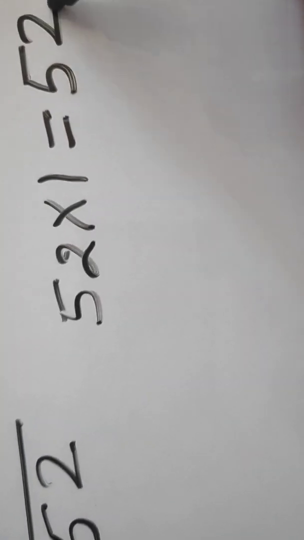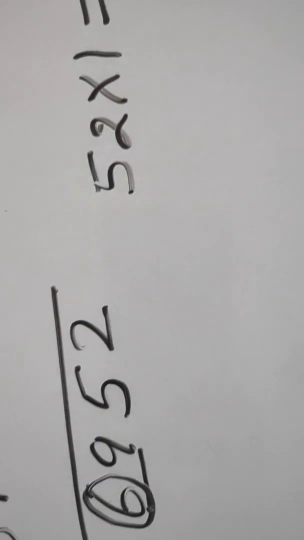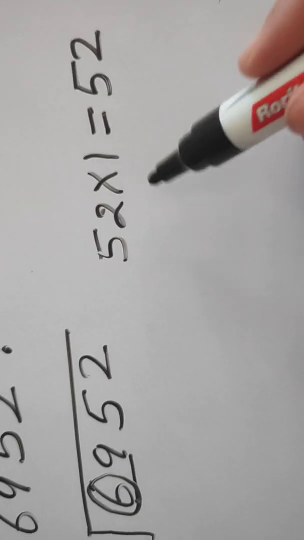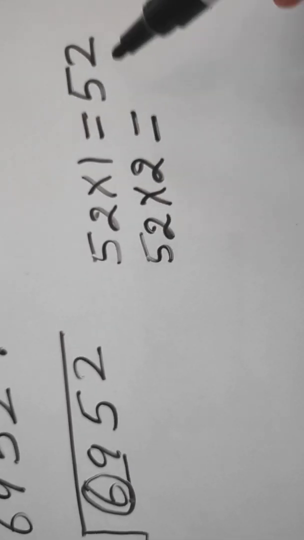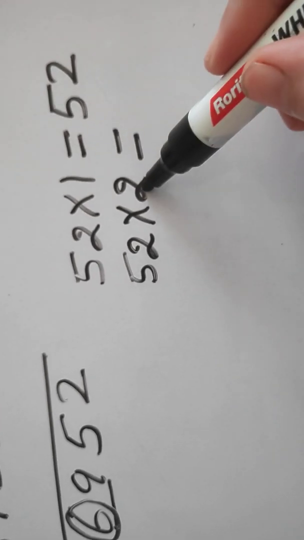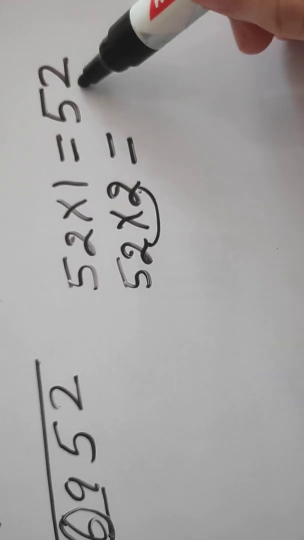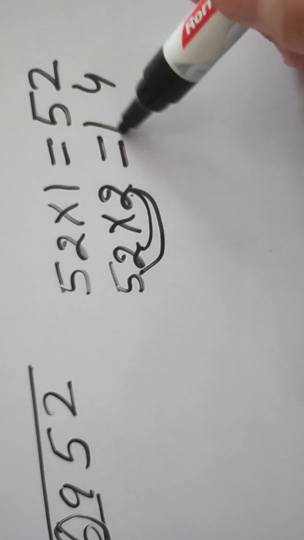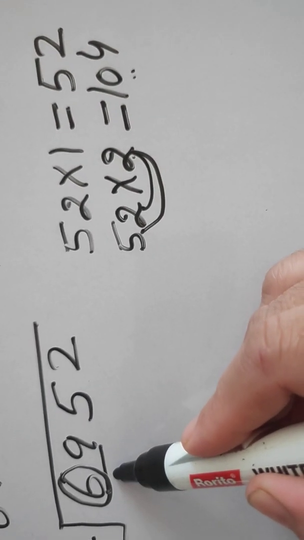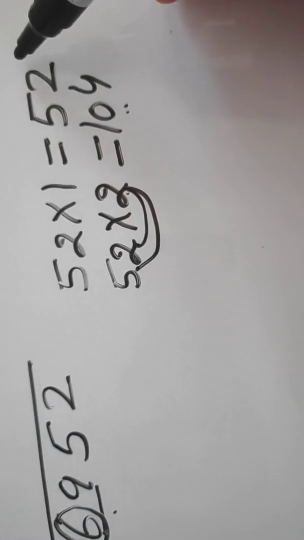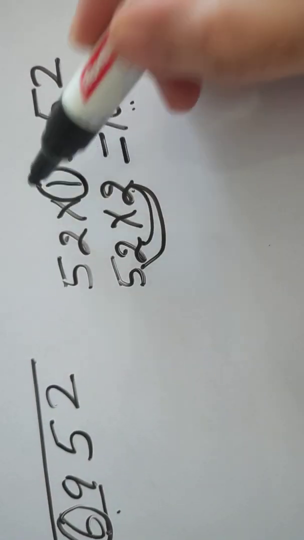Same number, but 52 is less than 69, so we can check with the next number also. 52 we can check by 2: 2 twos are 4, 2 fives are 10. It is 104, but 104 is greater than 69. It means our right guess is that the table goes on 1.